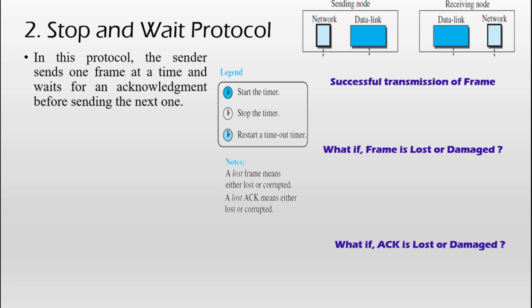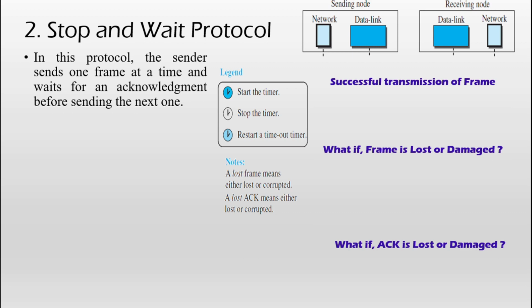We will study the functionality of the stop and wait protocol in 3 different cases. Case 1: what happens if the frame transmission is successful. Secondly, what if the frame is lost or damaged. And thirdly, what if the acknowledgement is lost or damaged. We will see all these cases one by one.